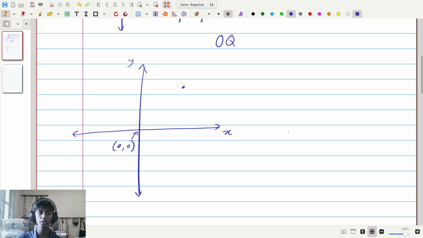Let's say we have a point A over here, which has a location of, I'll say, x sub 0, y sub 0. These are just two numbers, it doesn't really matter what they are.